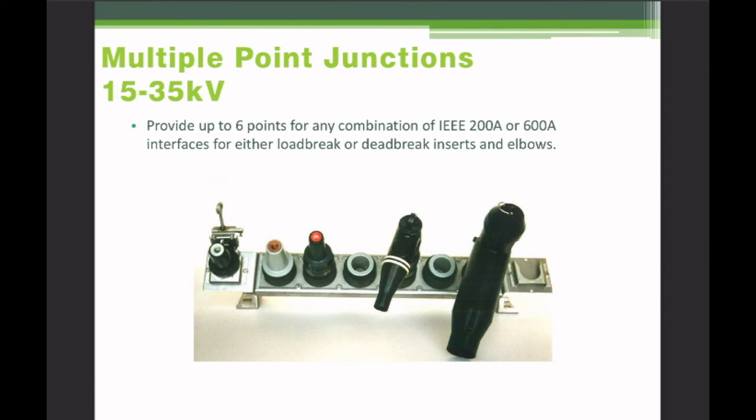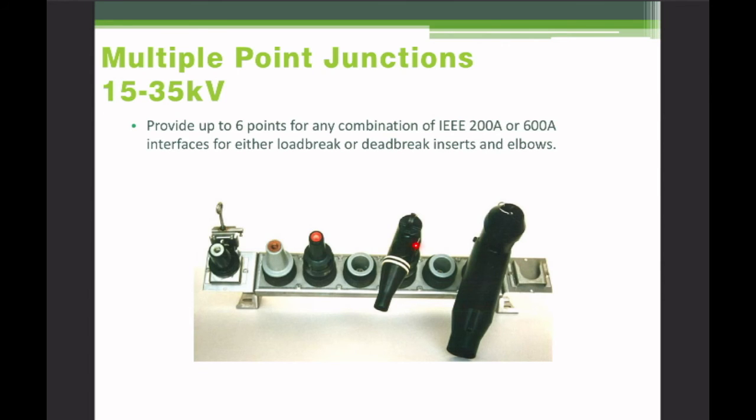And they come in 2 different sizes. There's a 600 amp and a 200 amp elbow. And they can come in either a load break rated, or a dead break rated design. And these will screw in. There's one common bushing for each size in the back, and then you will screw on the appropriate front to this holder here for whether you want a load break or a non-load break contact.